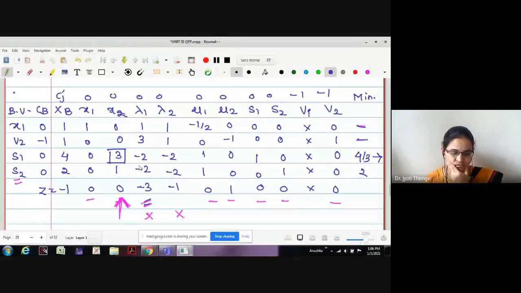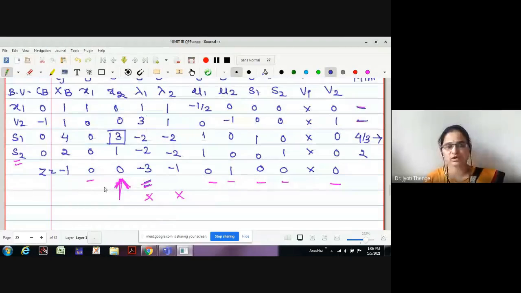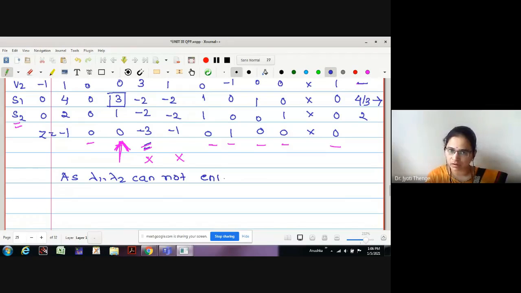Clear? Yes, 3 is the pivot. What is the next step? As lambda 1, lambda 2 cannot be entered in the basis, let us introduce x2.